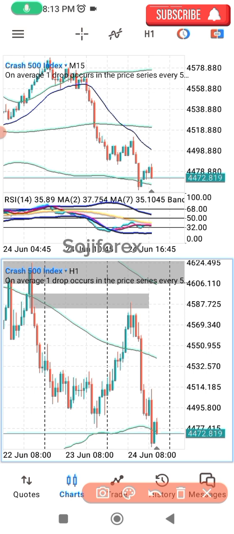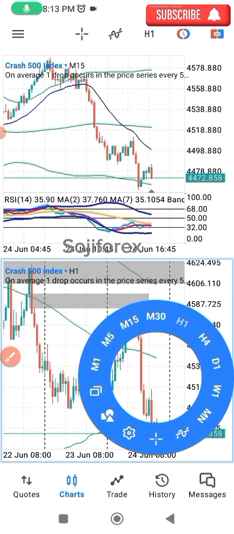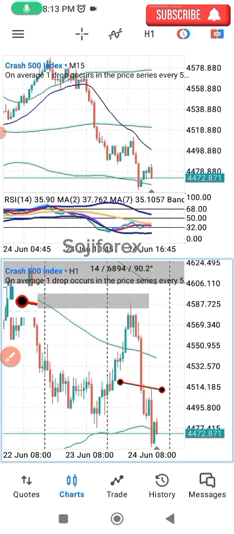So the question is, how do we make entry if we are to sell based on this candle, based on this analysis? Number one, having established our point of interest, which is our fair value gap, imbalance, or our order block, we'll wait for the behavior of price.